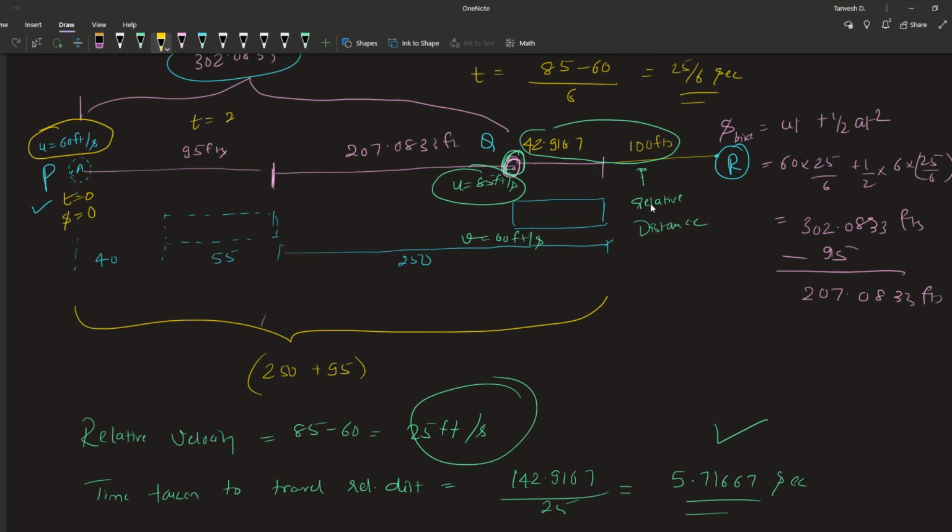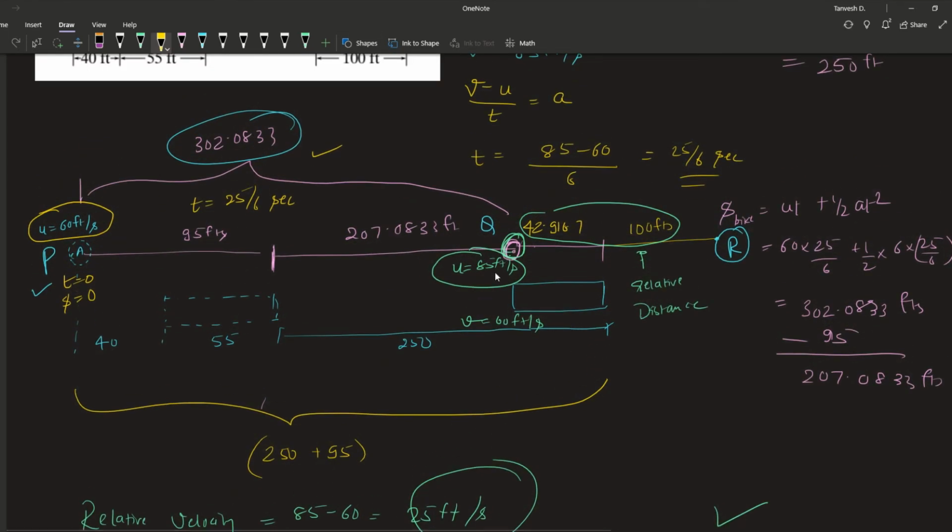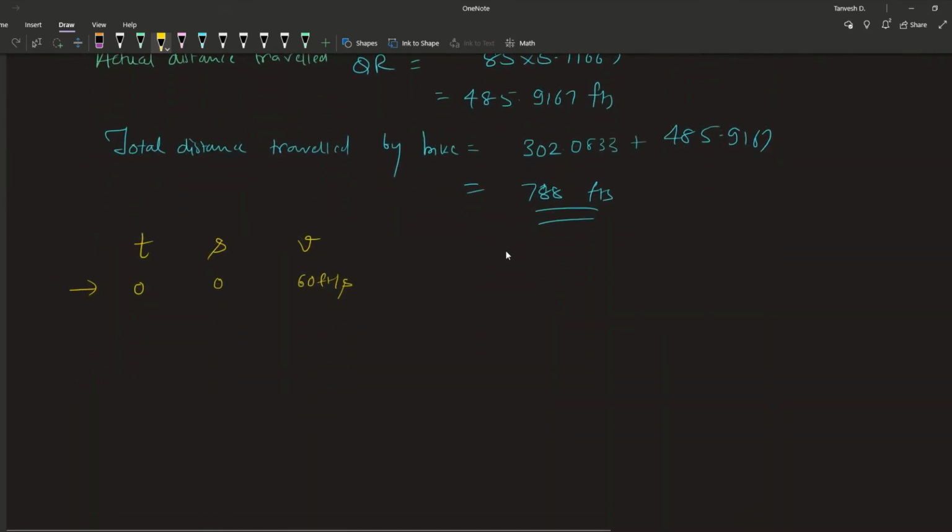The time taken is 25 by 6 seconds. The distance travelled is 302.0833 and the velocity at Q will be 85. So 25 by 6, 302.0833, velocity is 85 feet per second.